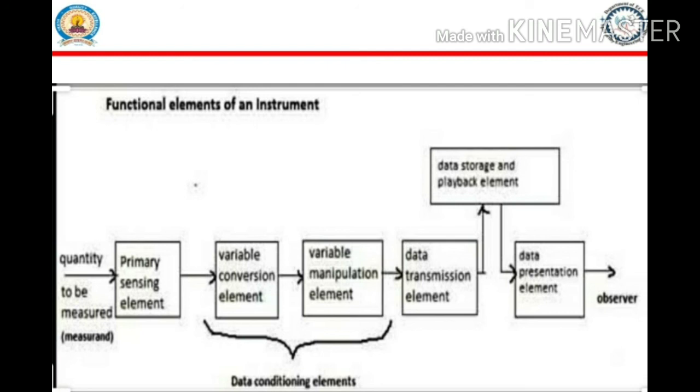So finally, the total mechanism of an instrument, using which you express or measure the physical quantity under measurement, consists of three stages. The input stage, where the physical quantity under measurement comes in contact with the instrument and is transformed from one variable to another variable.